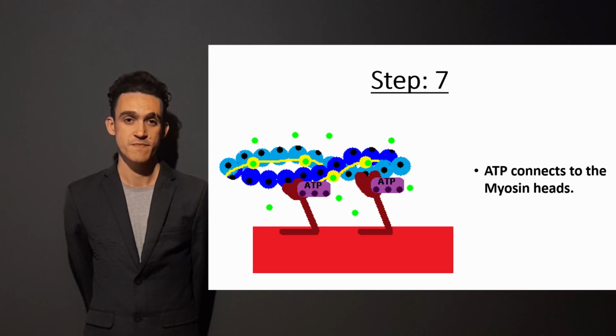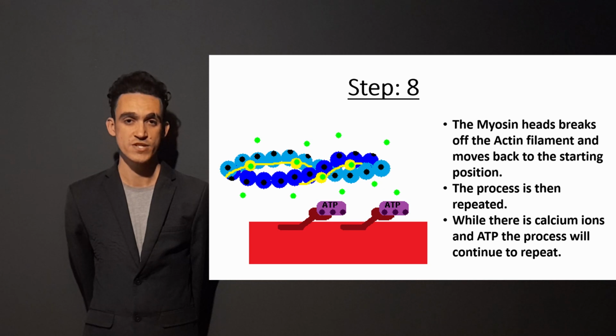When this happens, more ATP then binds to the myosin heads, which causes the cross bridges to break and the myosin heads to go back to their starting position.